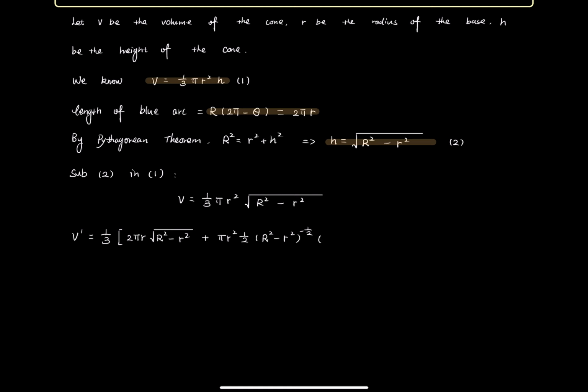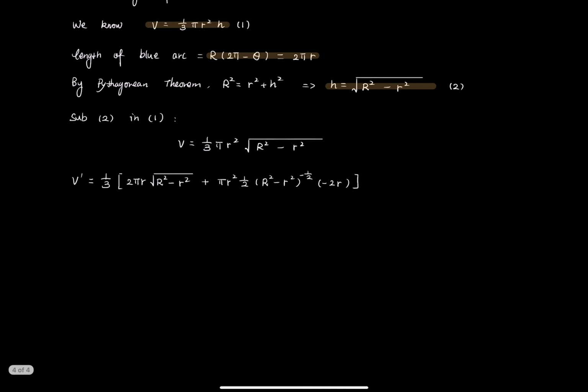And chain rule, so multiply by negative 2r. The whole thing multiplied by 1 over 3 because it's a constant. And now we can simplify it a little bit. That's going to be 1 over 3.